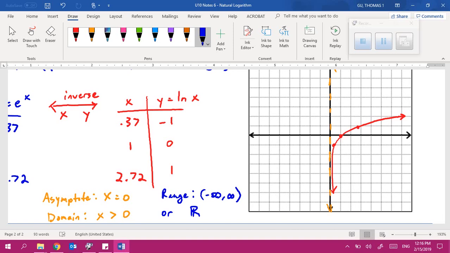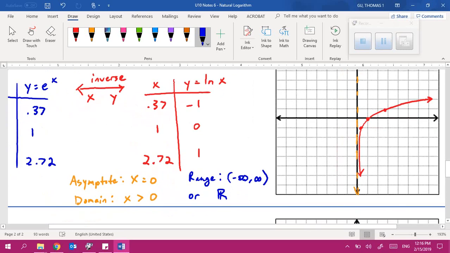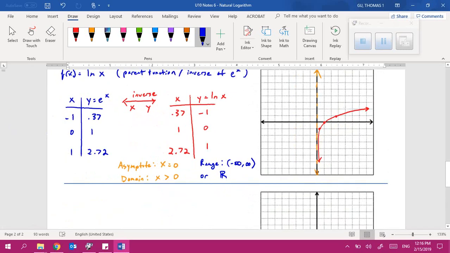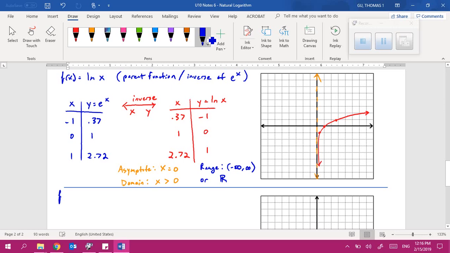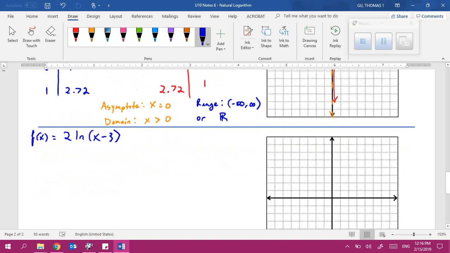So now we're going to do 2 transformation examples. So, here we go. First one's going to be, let me zoom it out a little bit, f of x equals 2 times ln of x minus 3 in parentheses. Now, what is the first thing that you want to write down when you have a function with transformations in it?